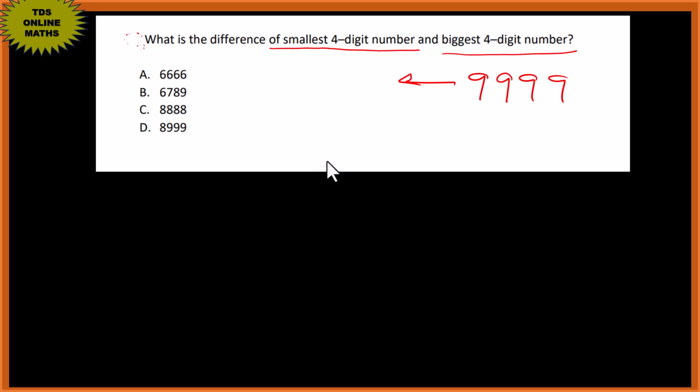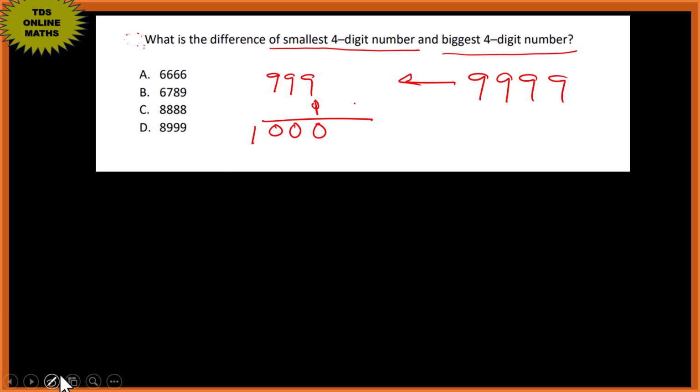Okay, we know the highest three-digit number will be 999. Okay, so plus 1 will enter into four digits. That will be the lowest. So plus 1 here will be 0001.